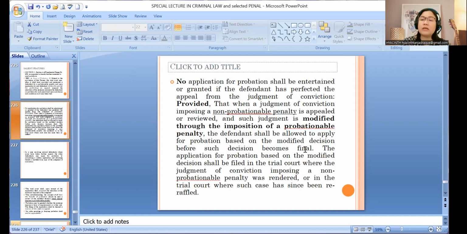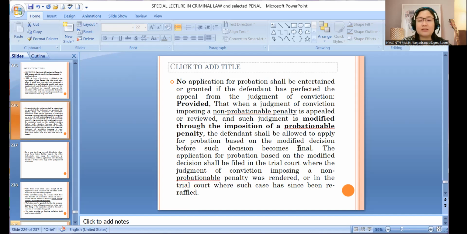So, on appeal, if his appeal was granted and the decision was modified, and he is now being imposed a probationable penalty, under that circumstance, he is allowed to apply for probation based on the modified decision before it becomes final. When shall it become final? Remember, orders or judgments become final after 15 days. So you have to do it before it becomes final.